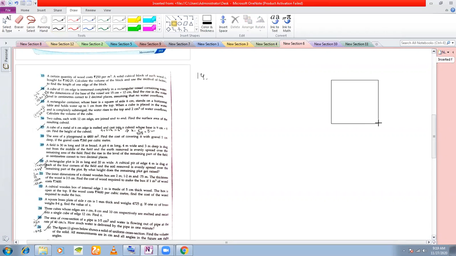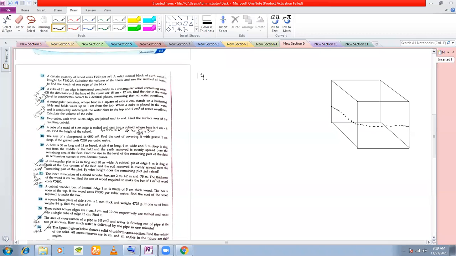You have this vessel, and this vessel initially contains some water, say up to this level.